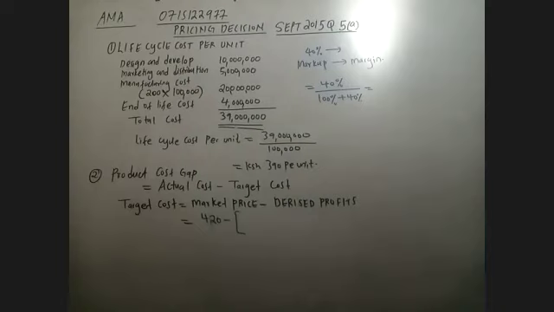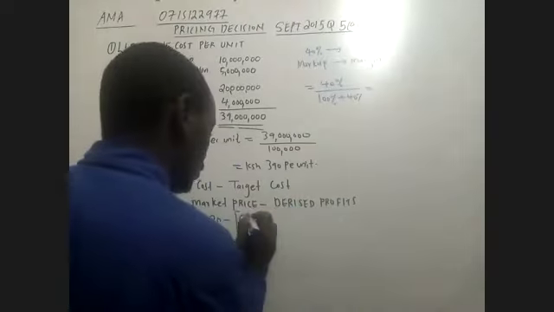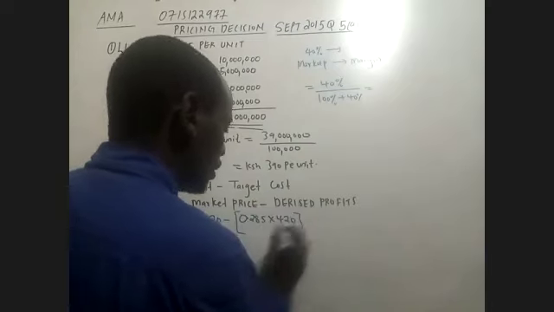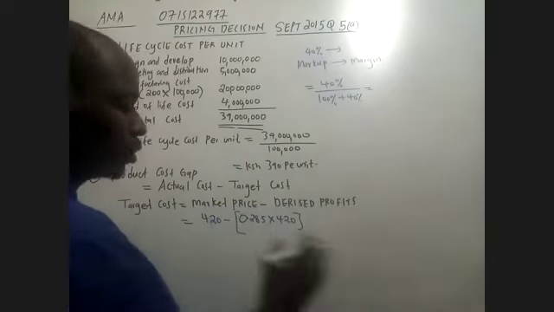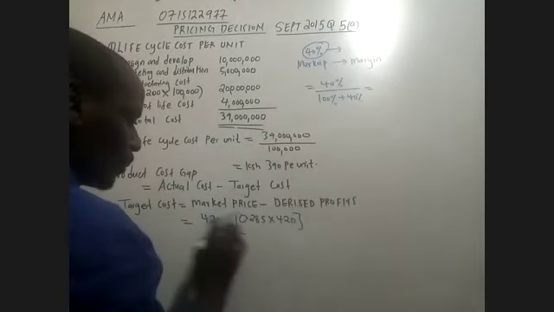We shall do more of the question tomorrow. So tomorrow we start from another pricing decision type, target costing, and at least we have an idea of target costing. We meet tomorrow, we do target costing. Tomorrow we shall finish pricing decision, then we do another topic.